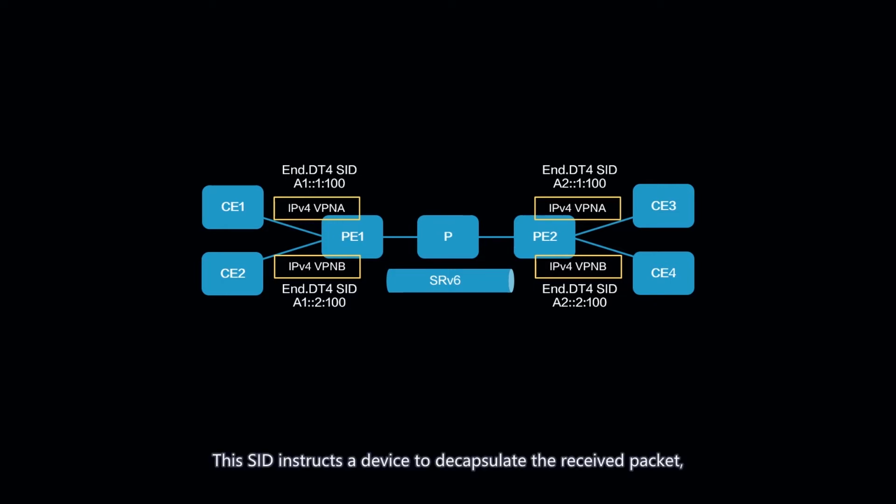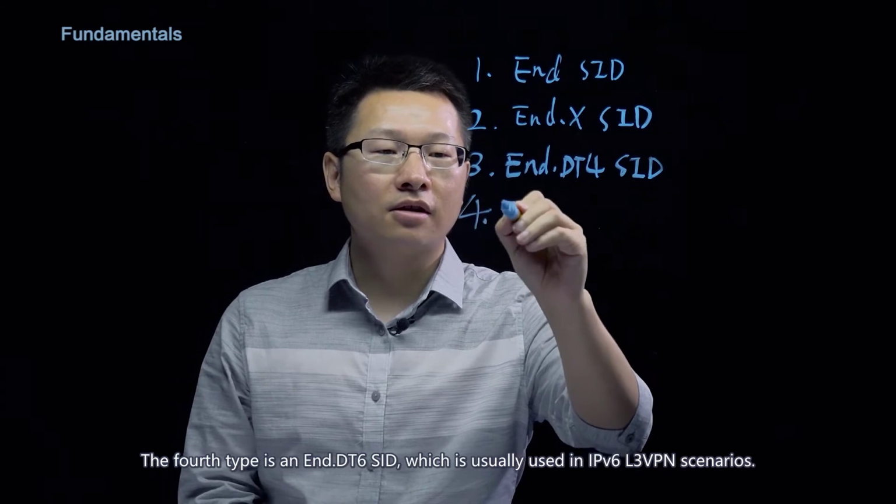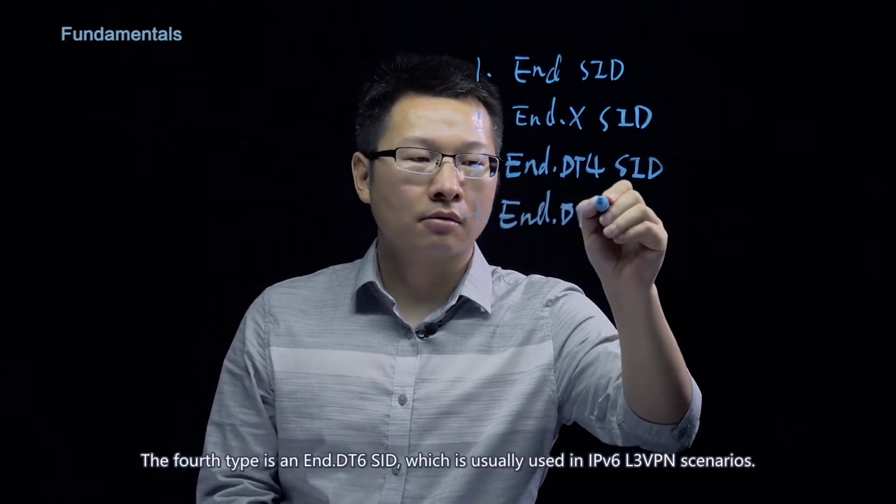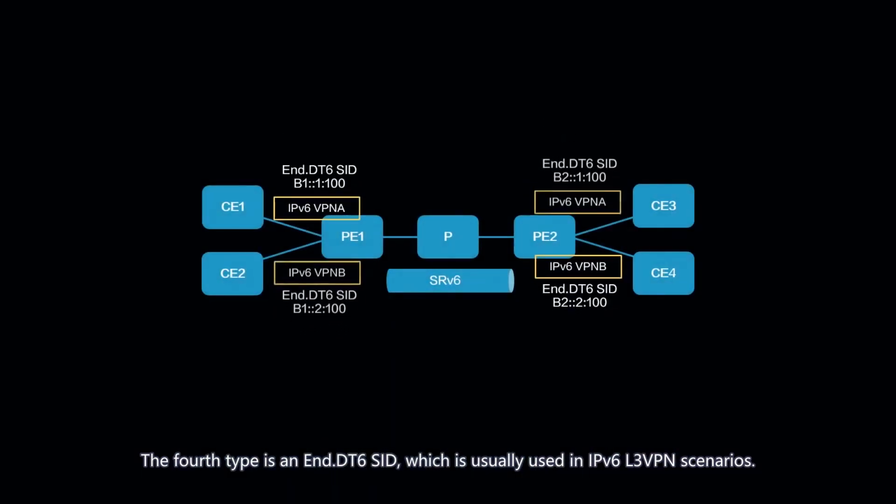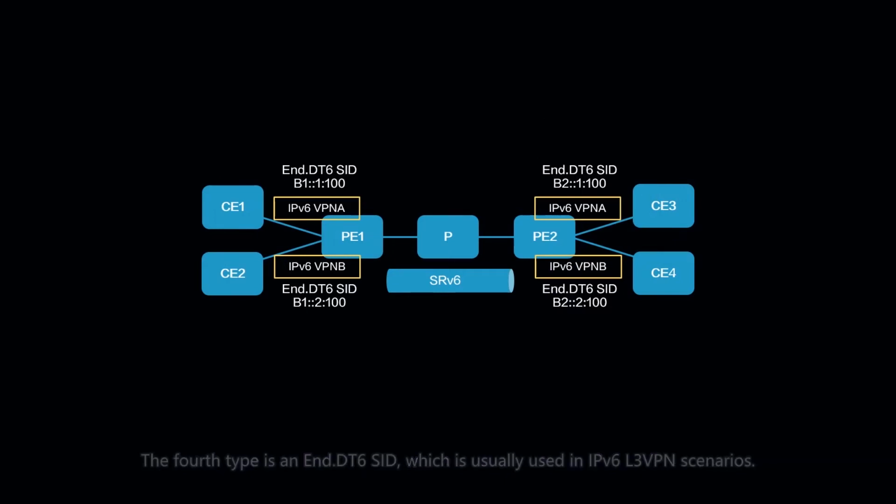This SID instructs the device to decapsulate the received packet, remove the outer SRH and IPv6 header, and then search the routing table of the corresponding IPv4 VPN instance for packet forwarding based on the destination address and the remaining packet content.